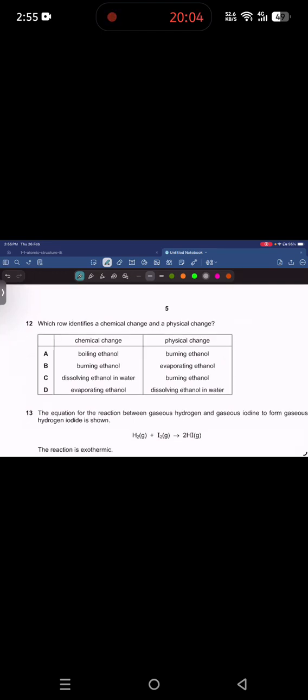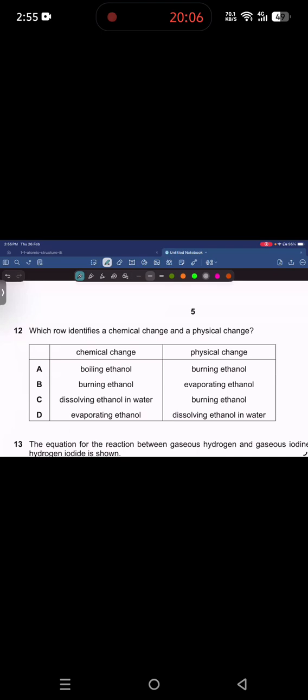Now the next question. Which row identifies the chemical change and the physical change? We have to check the chemical change and the physical change here. Boiling and burning, dissolving ethanol in water, evaporating ethanol. These all are physical changes.